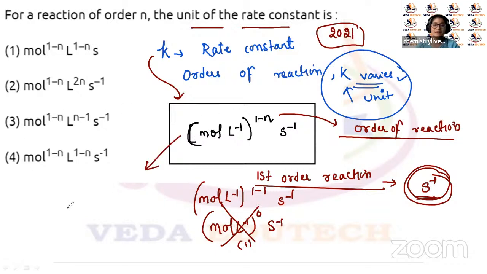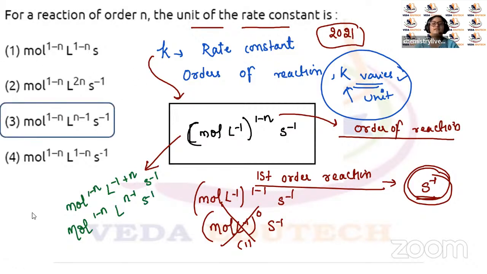So this is going to be mole 1 minus n liter minus 1 plus n second inverse, or this can be written as mole 1 minus n L n minus 1 second inverse. So where is this answer, children? This is option number C. So option C is going to be your correct answer. Yes.